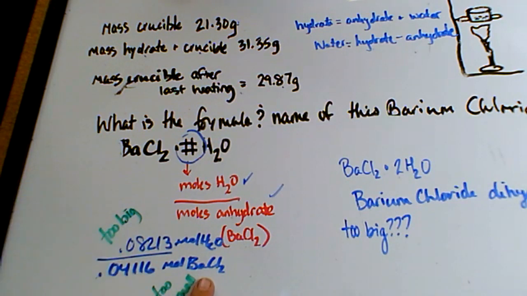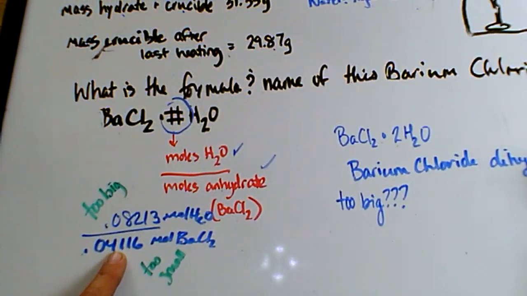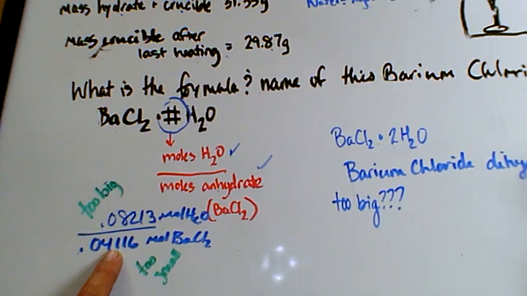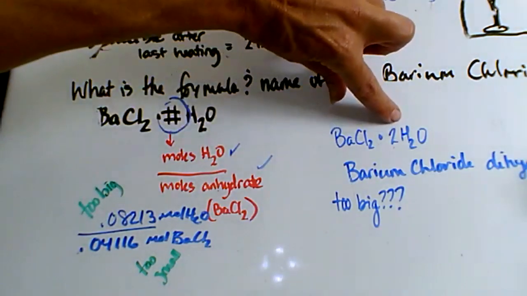Maybe this substance started to decompose, right? So if it was too big, it could be due to overheating it, because overheating it could cause the mass of the anhydrate to decrease. It could cause it to start decomposing, which would cause the mass of the anhydrate to decrease, which would make it appear as though I had more water, which would make this number larger.